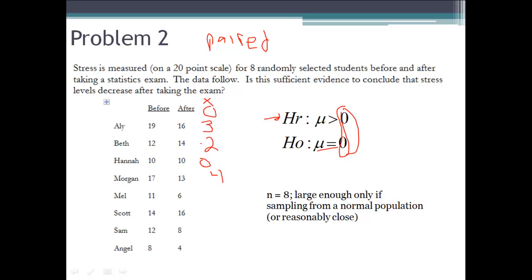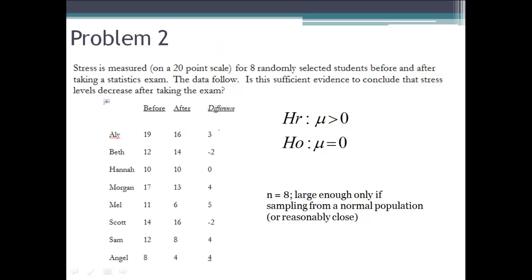You could have subtracted the other way, in which case you would have minus signs, and then that would be mu less than 0. So it depends on how you subtract, or the direction of your subtraction. So now you can see that I have computed all of those differences. And again, my hypothesis is that the population mean of differences will be greater than 0. There will have been stress relief, that the stress was higher before than after.